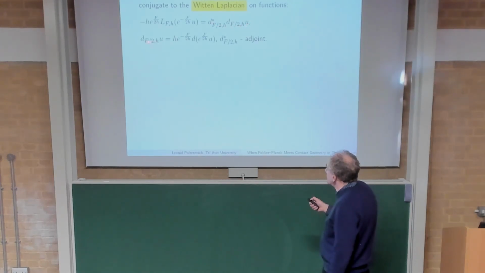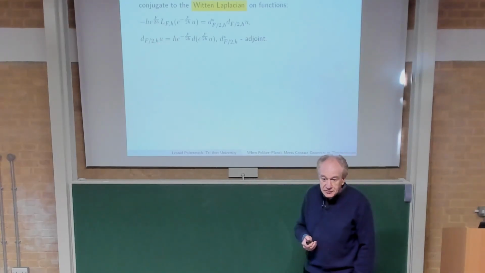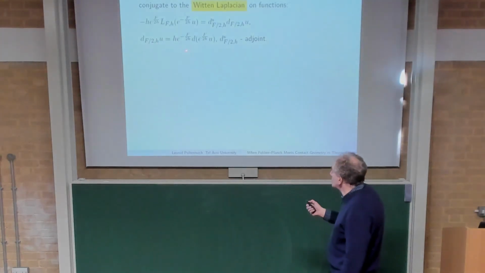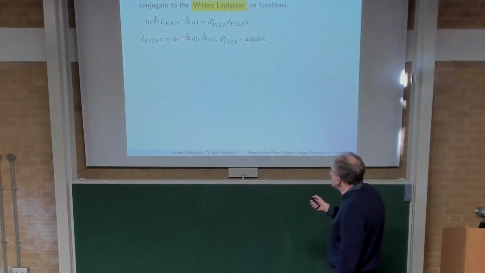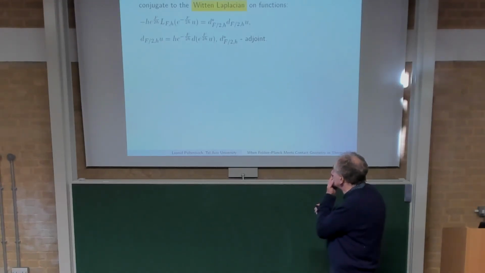D f over 2h is a deformation of the differential. It goes like this: h e to the power f over 2h d e to the power minus f over 2h, and D star is adjoint to this operator. So we deform the differential with functions.